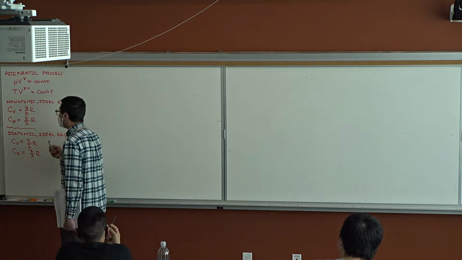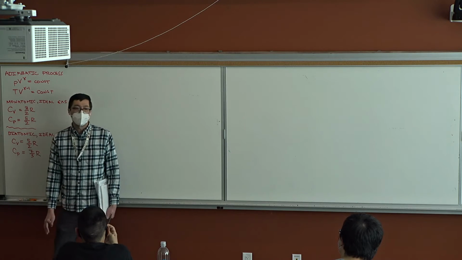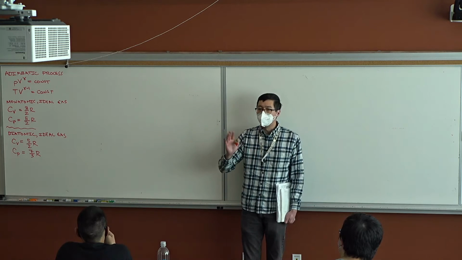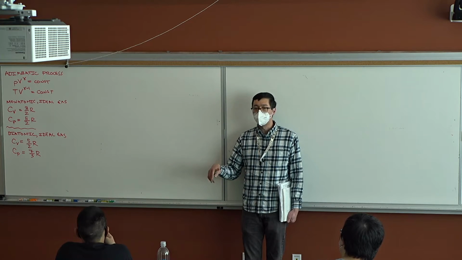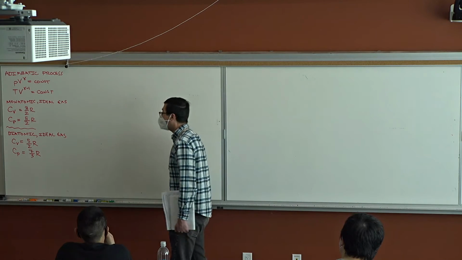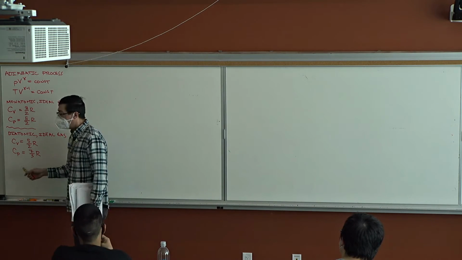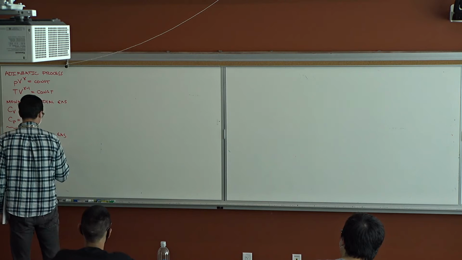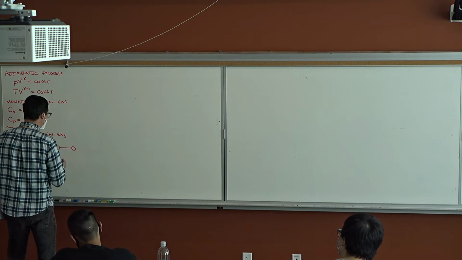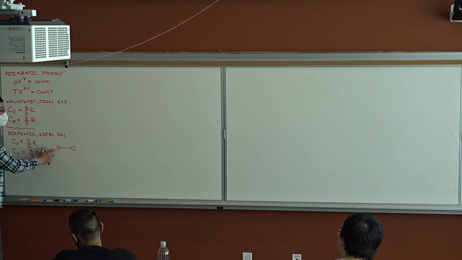If we add a diatomic gas, and for now, let's ignore vibration. Let's assume that that doesn't occur until you get to much higher temperatures than we're going to be interested in for the time being. Then we could roughly model this as 2 atoms connected by a spring or a stick, right?